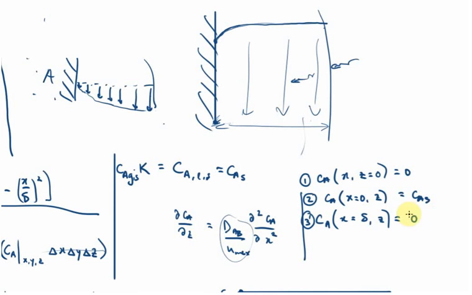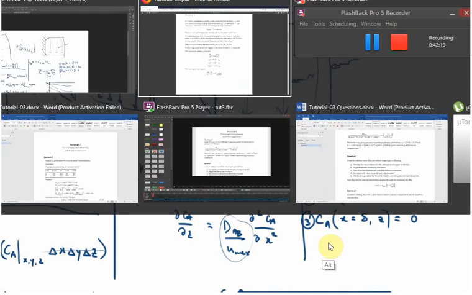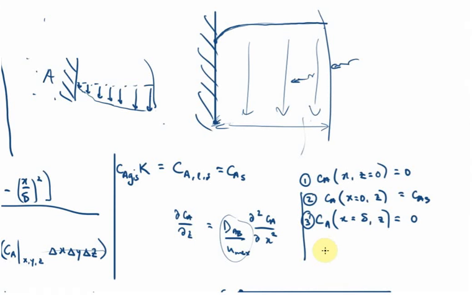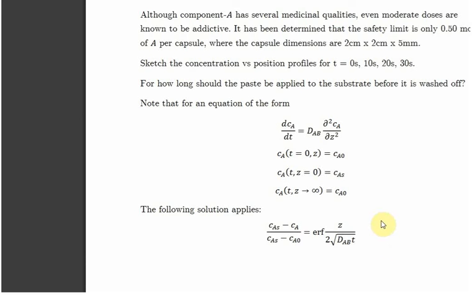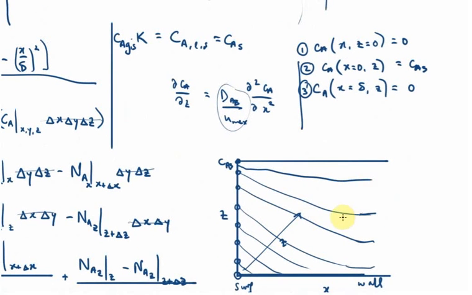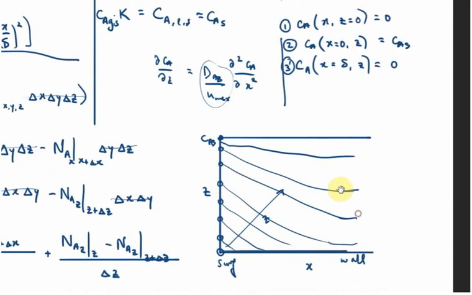So if you look at this system of equations now, it's identical to this problem for which this solution applies. And so this approximation has been made by several researchers and applied, and it has been found that this solution does approximate what goes on in the film fairly well. So it is a fairly good approximation that works. So that's how you can translate the one problem into the other.